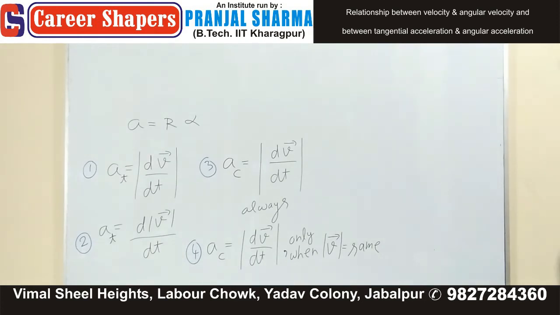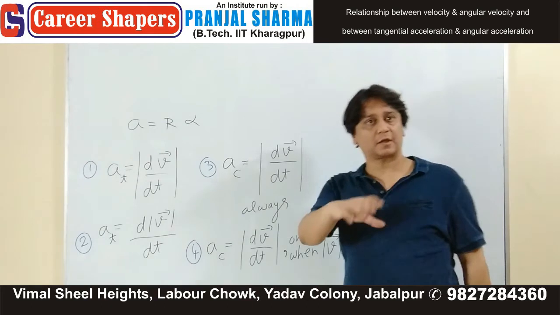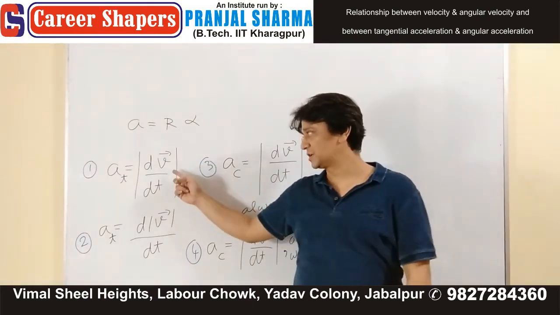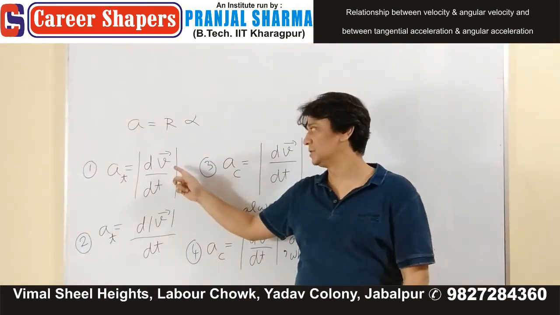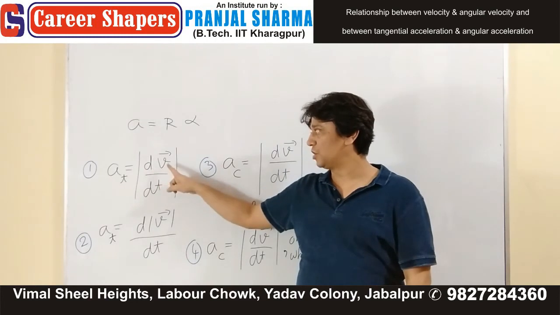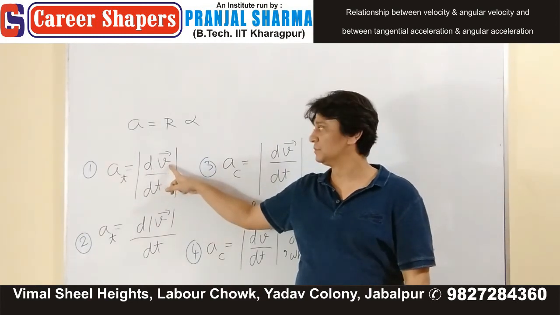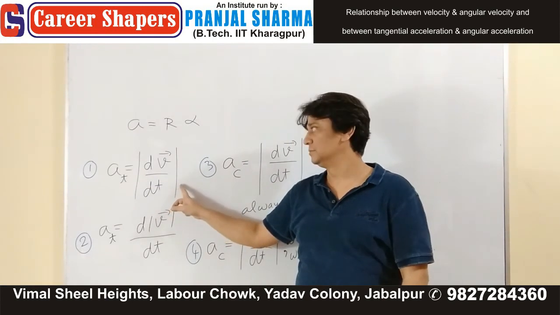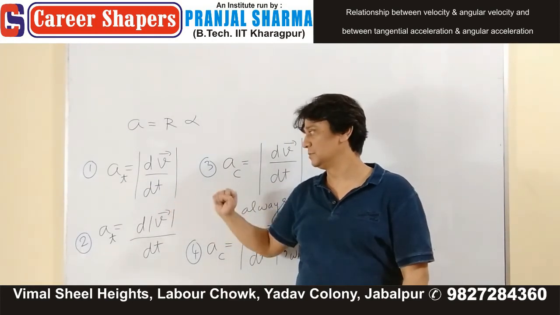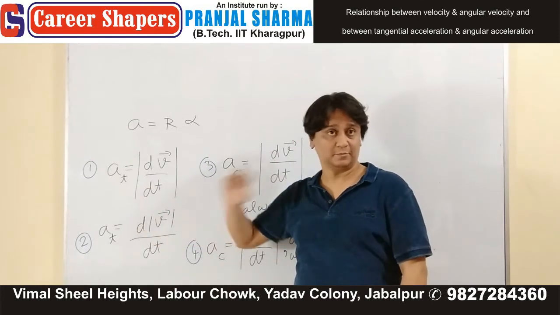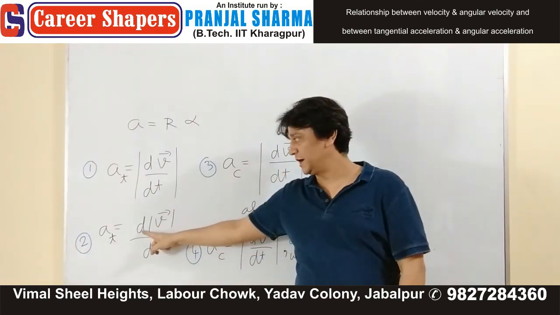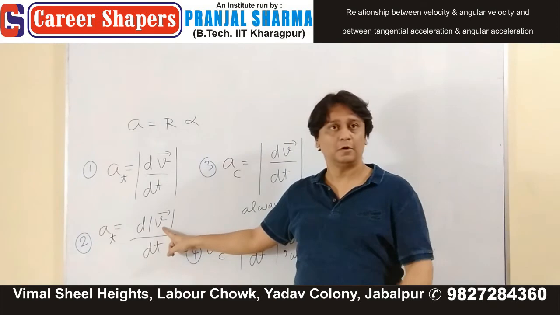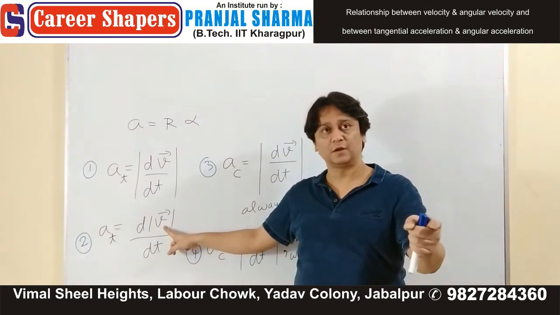Let me read these things for you. First, what does it say? Rate of change of v and its mod. Second, what does it say? Listen. Rate of change of magnitude of v.